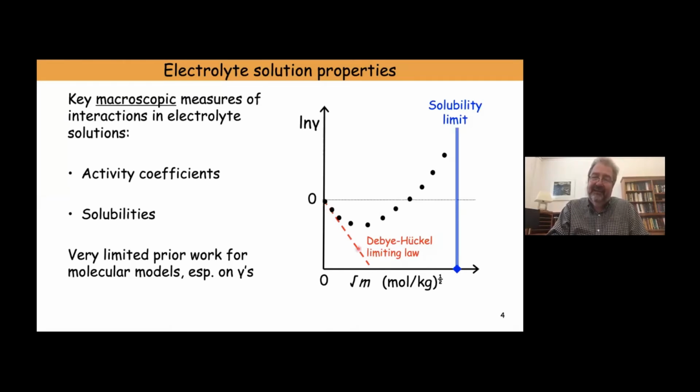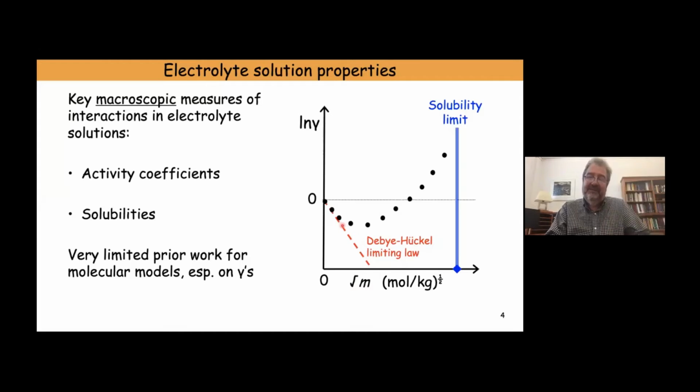That red dashed line, when you plot log gamma versus the square root of the concentration, the slope of that depends only on the dielectric permittivity of the solution in which the electrolyte exists.